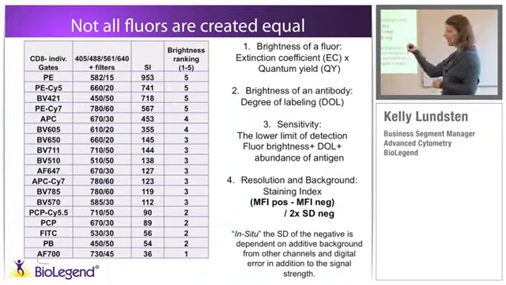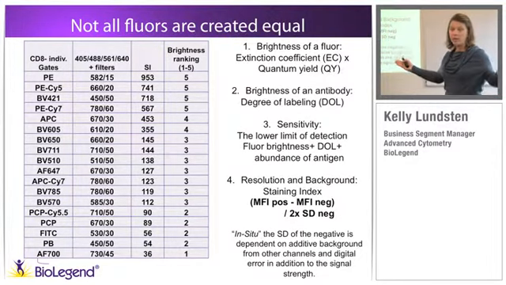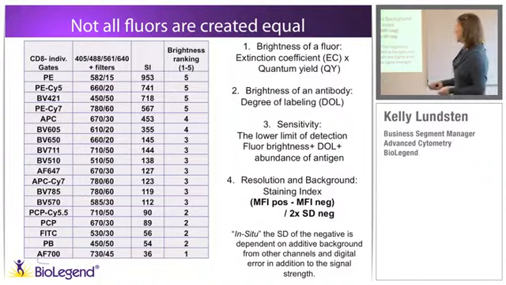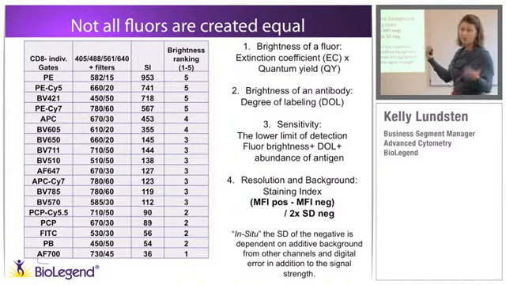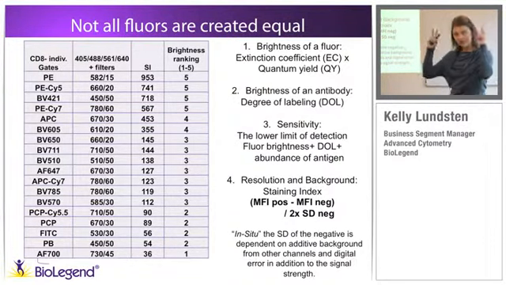And especially as you get into the near infrared, as an artifact of the fluorophore's emission, you will start to have a wider spread of the MFI negative than you do with, say, shorter fluorophores. So it's really important that you take not only the signal, which is your MFI positive, but your noise, the MFI negative, subtract those, and then divide them by 2 times the standard deviation of the negative. And that's really your true indication of signal to noise.